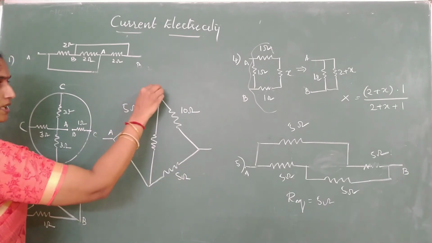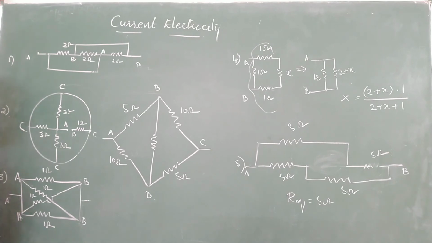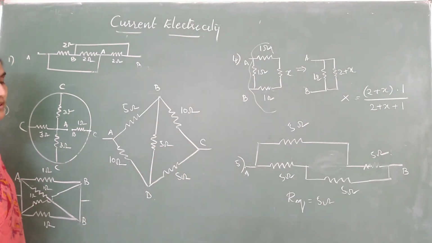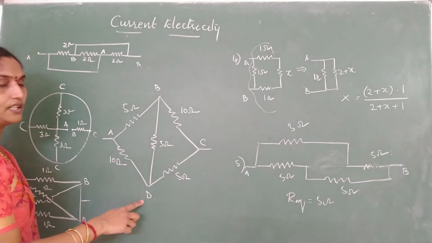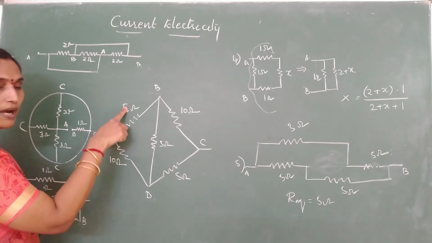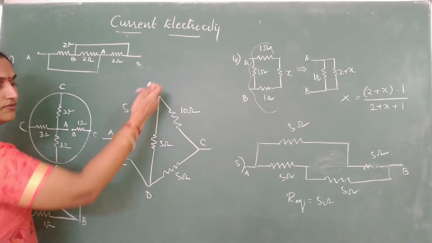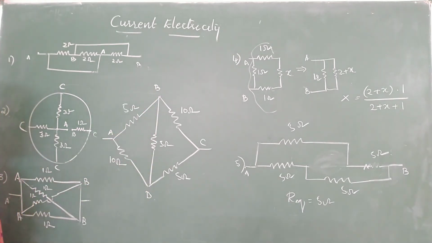If I call these A, B, C and D, and the central resistor I take as some value, say 5. For this arrangement, they may ask you what is the direction of current in BD. Because it's an unbalanced bridge, 5 by 10 is not equal to 10 by 5. Whether current flows from B to D or D to B. Then tell me how will you solve this?